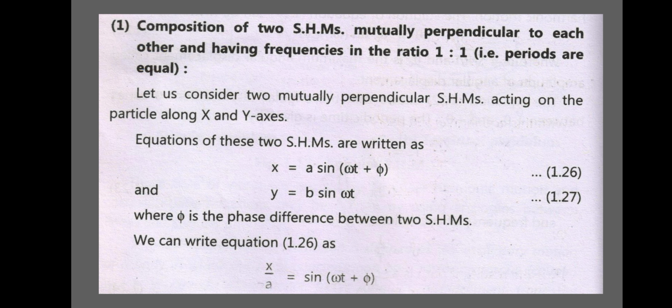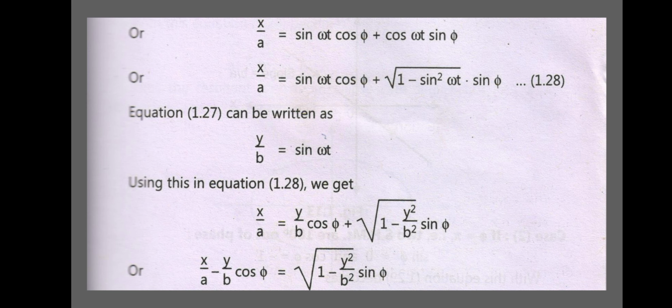So from the first equation, x/a = sin(ωt + φ) = sin ωt cos φ + cos ωt sin φ, or x/a = sin ωt cos φ + √(1 − sin²ωt) sin φ. From the equation y = b sin ωt, we can write y/b = sin ωt.